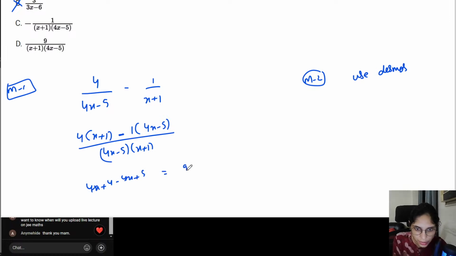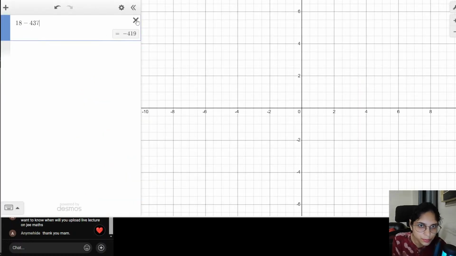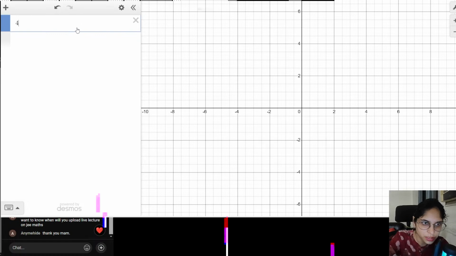So you're getting 9 on the top. So that's my answer. Otherwise, what you can do, you can type over here because there's only one variable.